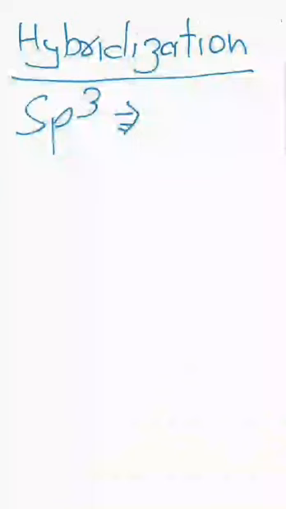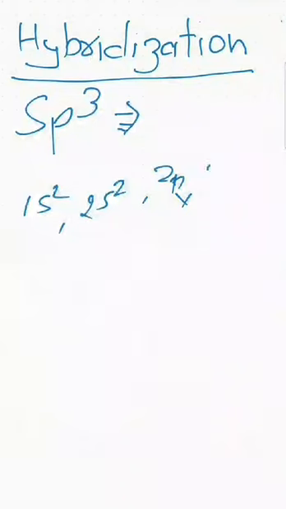If I draw the electronic configuration of carbon in ground state, it will be like that: 1s2, then in the second shell it has 2 electrons in the s orbital, then it has 3 p orbitals in the second shell, that is 2px, 2py, and 2pz.